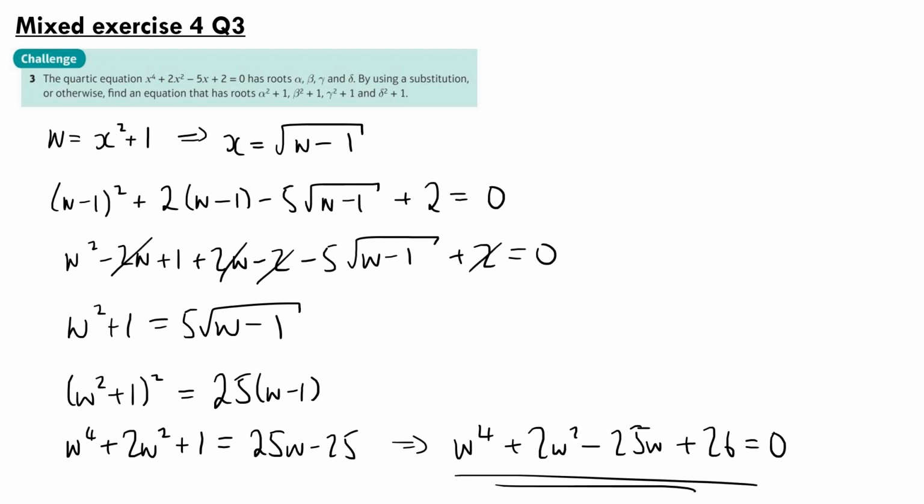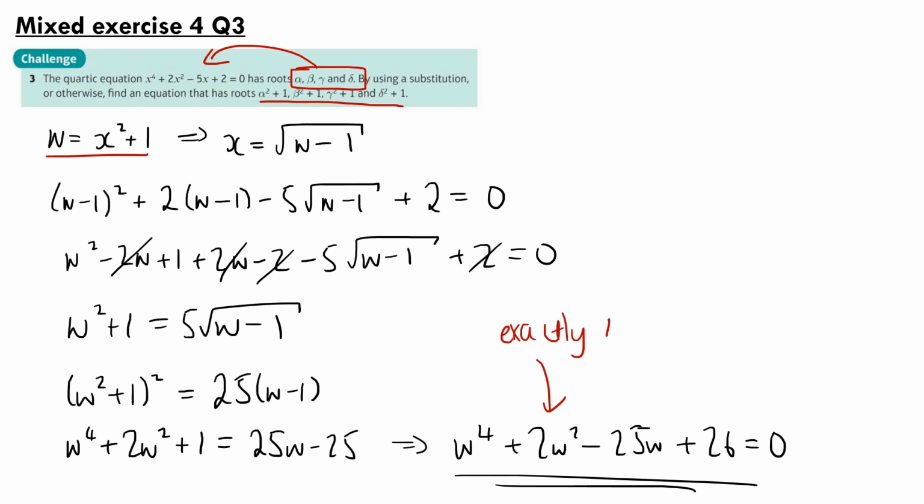And just returning back to the point about not including any extra solutions, well, originally we had these 4 solutions, alpha, beta, gamma, and delta, to this quartic. Then we've used a substitution to find an equation that has the roots here. And because we've ended up with another quartic, we know that we definitely have exactly 4 roots, whether they're repeated or not, complex or not.